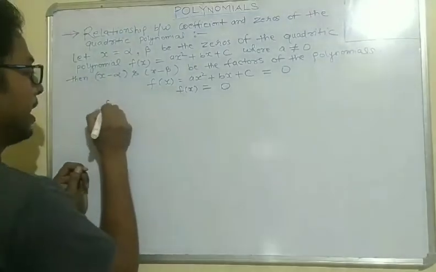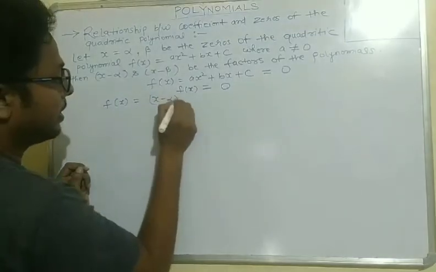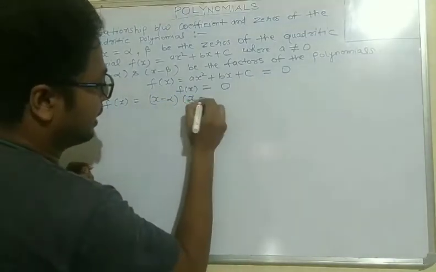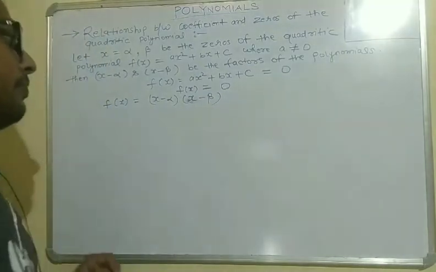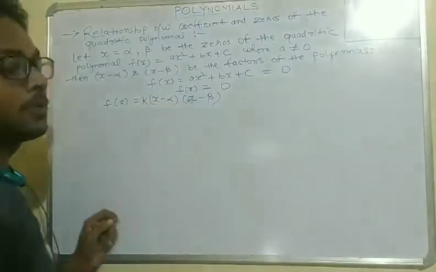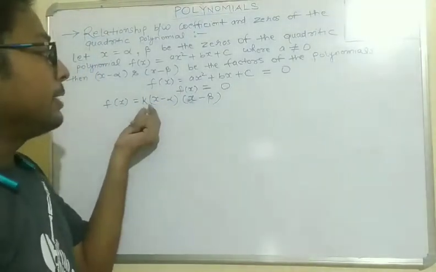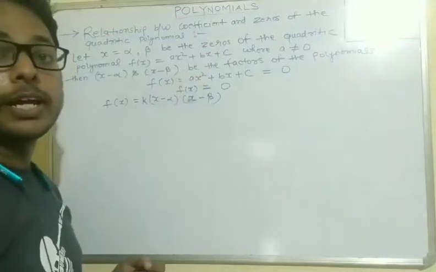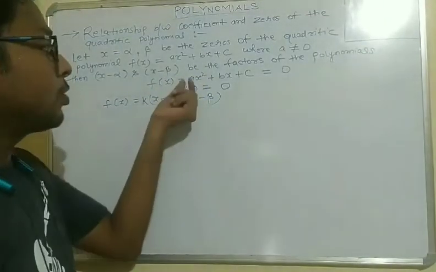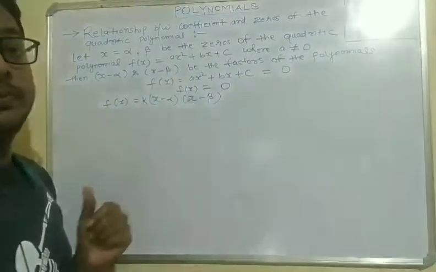and f(x) equal to k times x minus alpha and x minus beta, the factors, where k will be some constant. Why will k be some constant? Maybe it may be the coefficient of x square, 2, 3, 4, anything. As per the coefficient of x square, the value of k will depend on it.